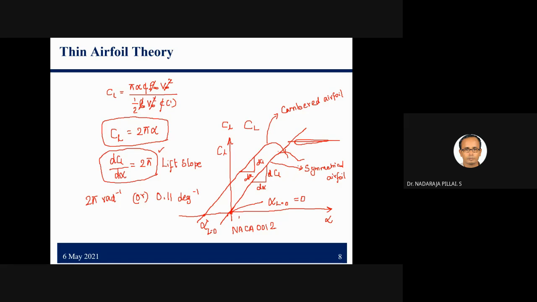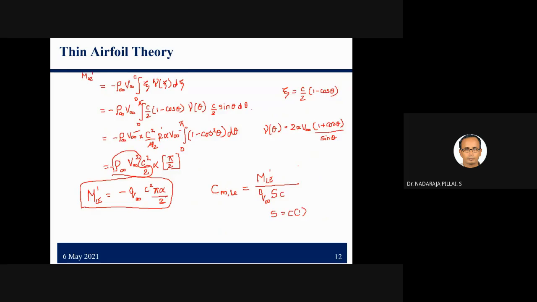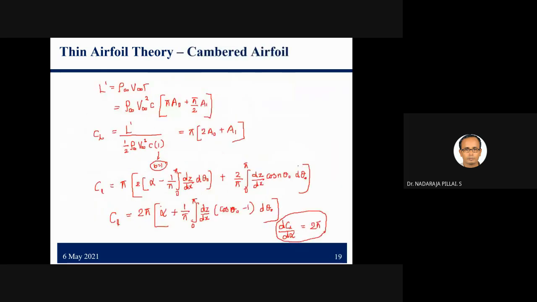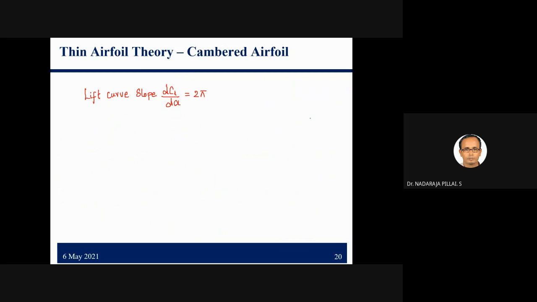So we have arrived to the CL and then dCl by d alpha, which is equal to 2 pi, right? Now we already know what is alpha L equal to 0. Alpha at L equal to 0 is the angle of attack at which the lift is equal to 0, right? So we need to calculate alpha L equal to 0.